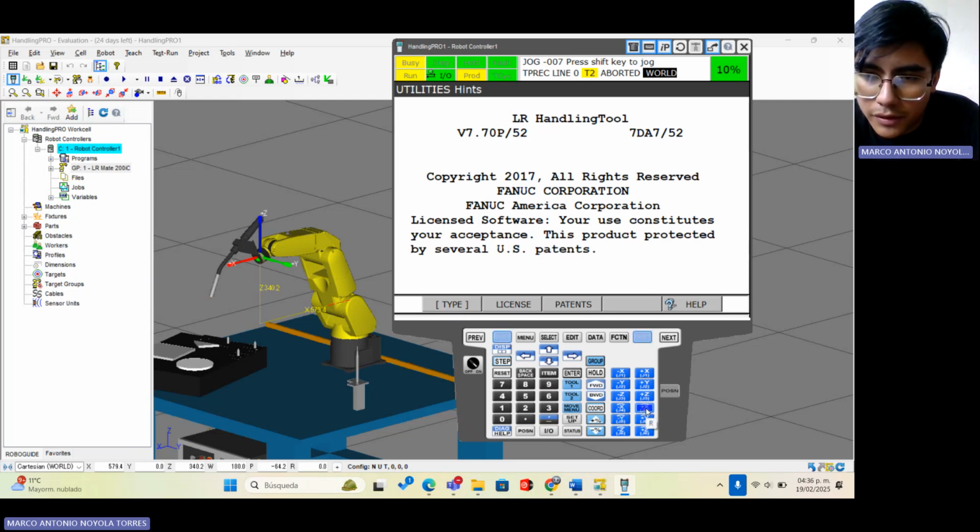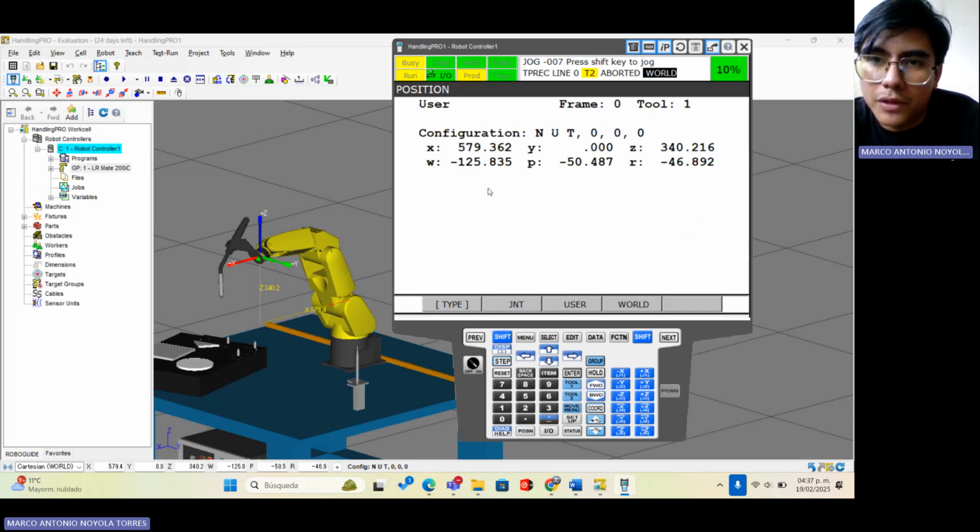For example, here the robot moves in rotation in the R direction, in positive and negative. You can also press this key to see the coordinates in the world system and joint system.